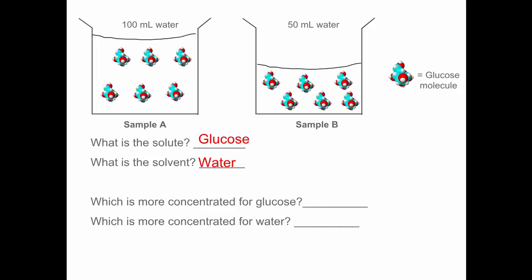It's not the number of molecules that is important. It's the proportion of the solute to the solvent. So Abby's correct. Sample B has a higher concentration of these glucose molecules. Even though they're the same number, because there's more water in this one, that's a lower concentration of glucose.